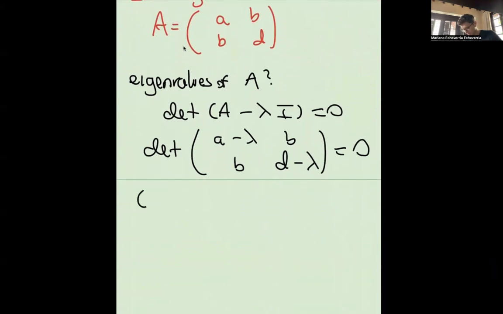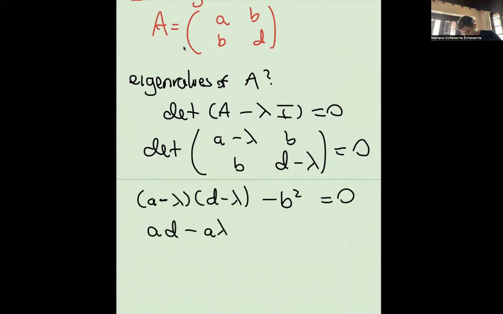What is this determinant? It is (A minus lambda) times (D minus lambda) minus B squared equals 0. Now let me rewrite this a little bit. It is AD minus A lambda minus lambda D plus lambda squared minus B squared equals 0.